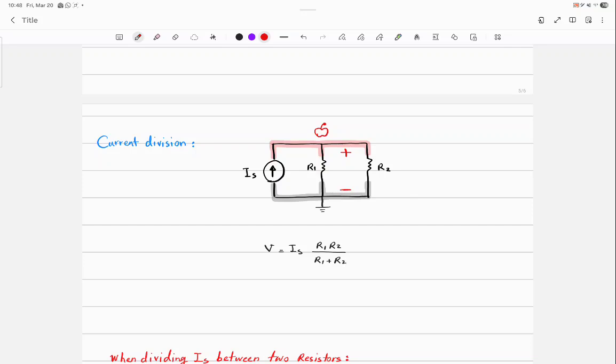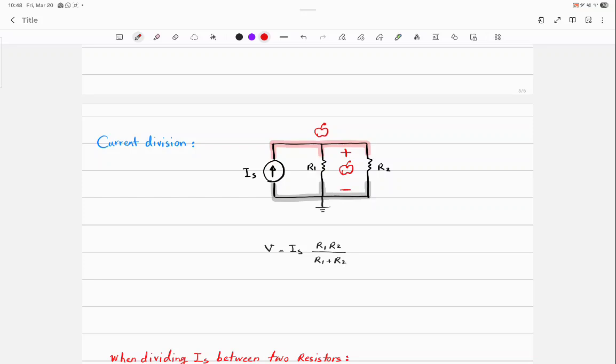Again, why? I know it's trivial. Better than that: because ground is 0. Ground is 0. Perfect.